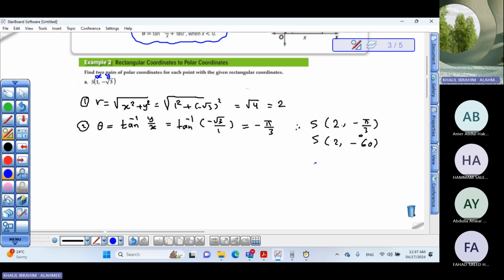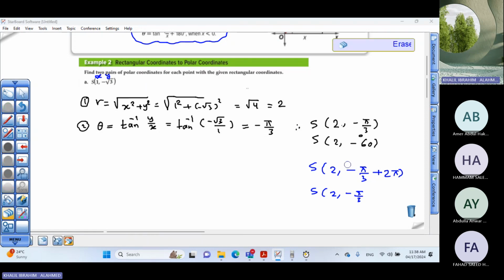Also the second representation is S (2, negative pi over 3 plus 2 pi), or in degrees, negative 60 plus 360.